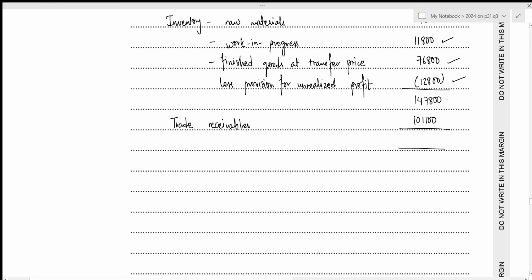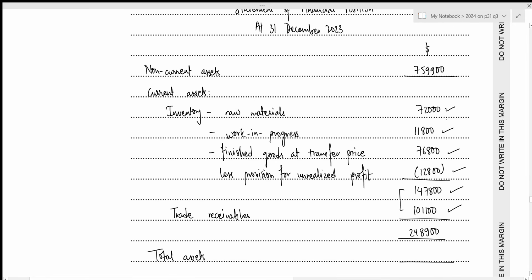So that's the inventory plus trade receivables, 147,800 plus 101,100, which results in 248,900. Then you need the total assets. Okay, so the total assets will be non-current assets plus the current assets, 759,900 plus 248,900, which results in 1,008,800.